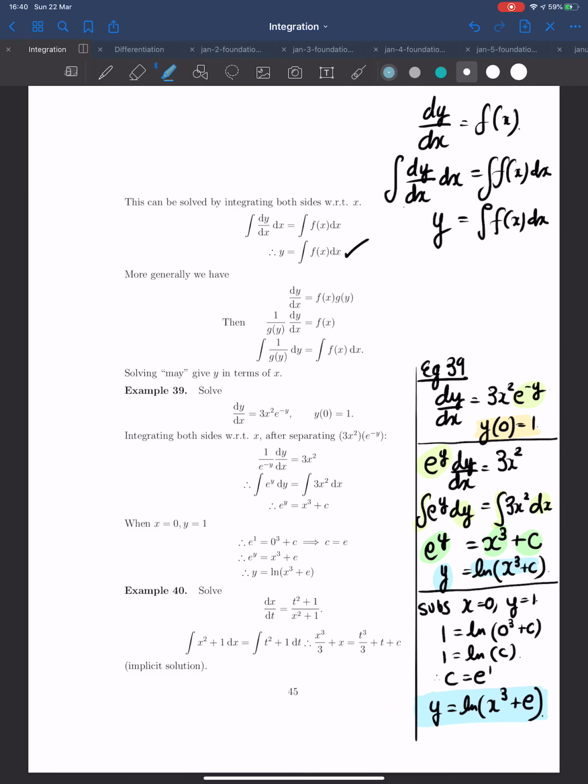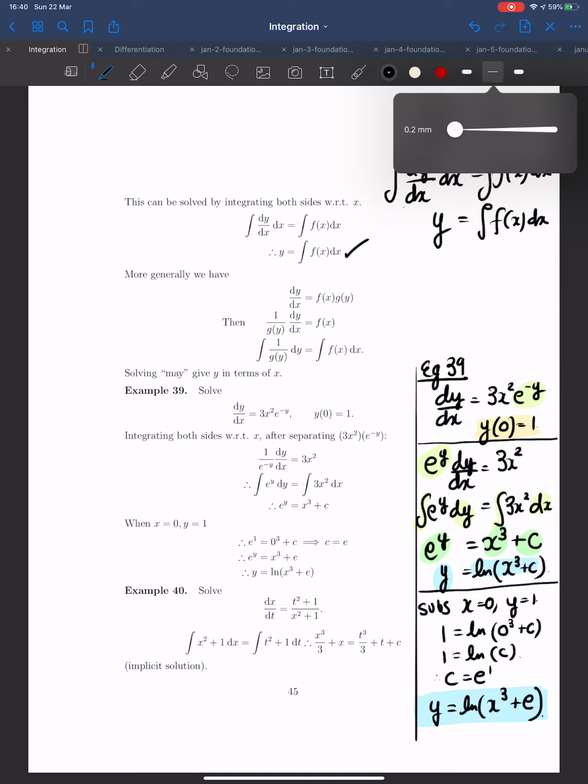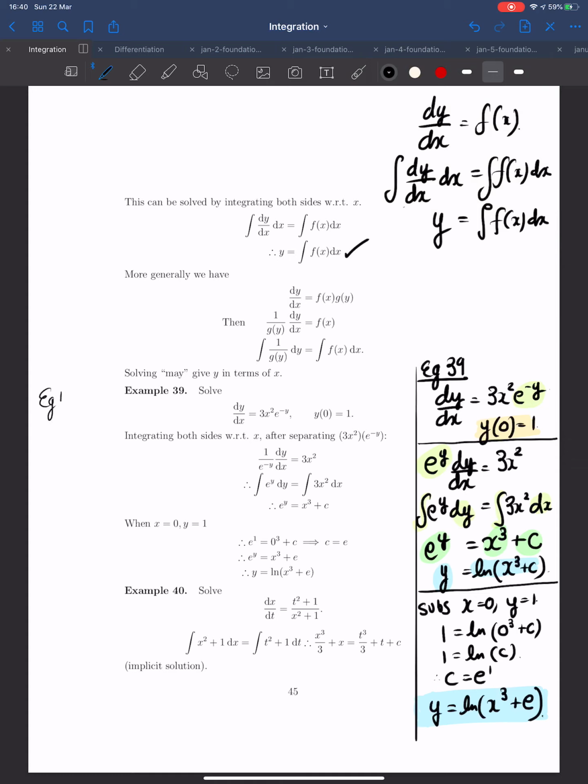Okay, right, the next one, EG40, hopefully I can fit it in down this side here. I'll make this a bit smaller. So dx dt now is t squared plus 1 over x squared plus 1.